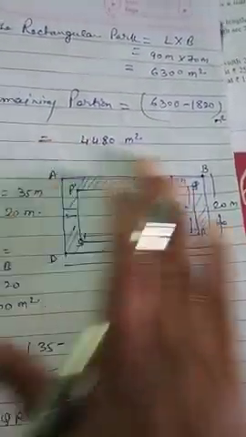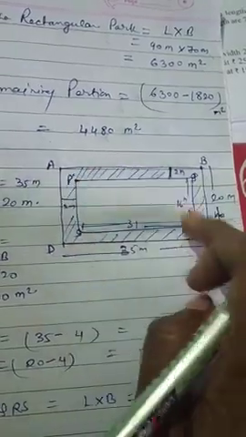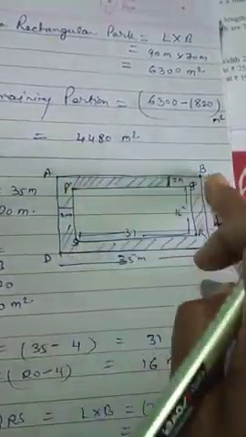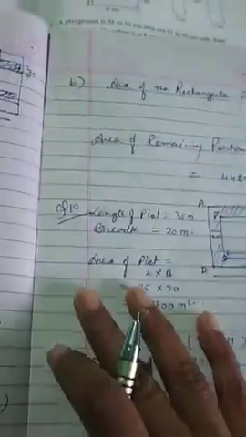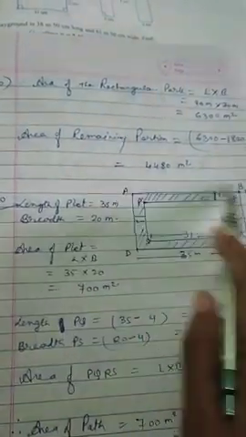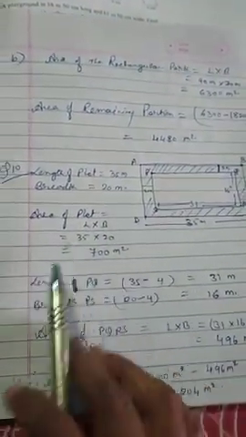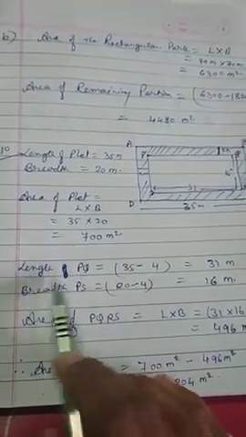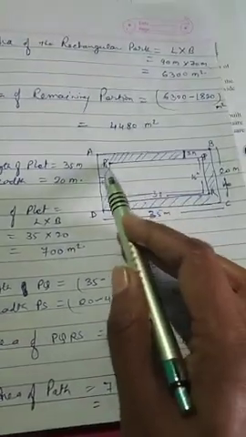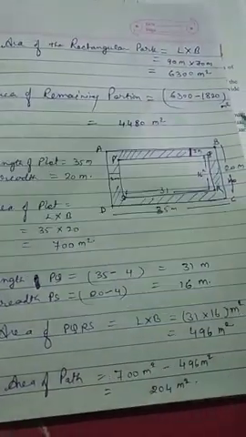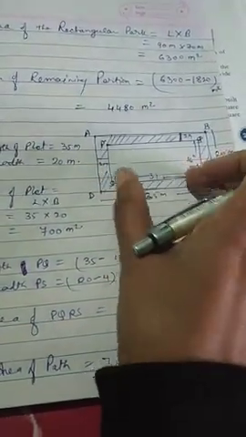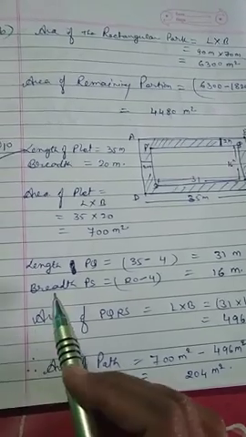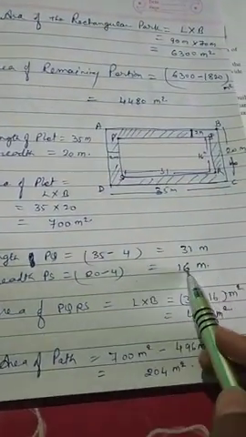Then we will find the area of the full plot minus the area of this part. We will get the area of this path. First find the area of the plot, length into breadth, that is 35 into 20, 700 square meter. Now length PQ, this one or this one, I have just done 35 minus 4, that is equal to 31, and breadth PS, 20 minus 4, that is 16.